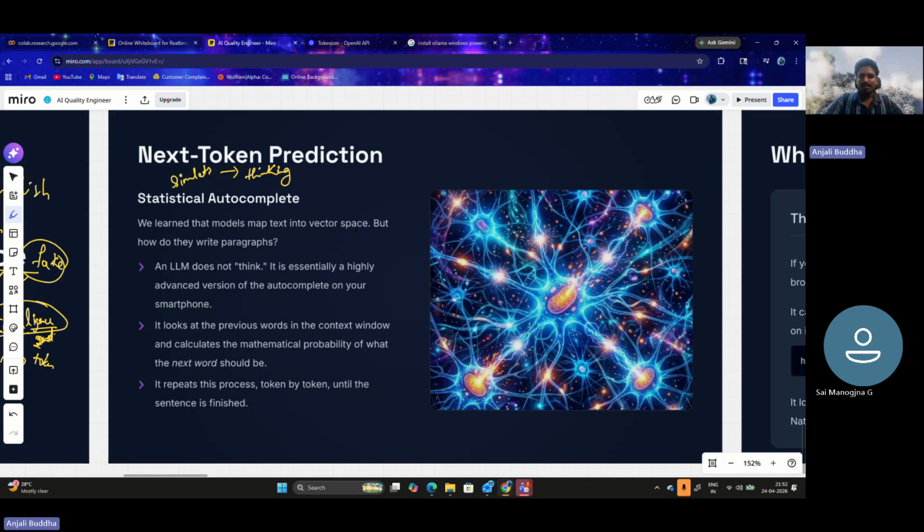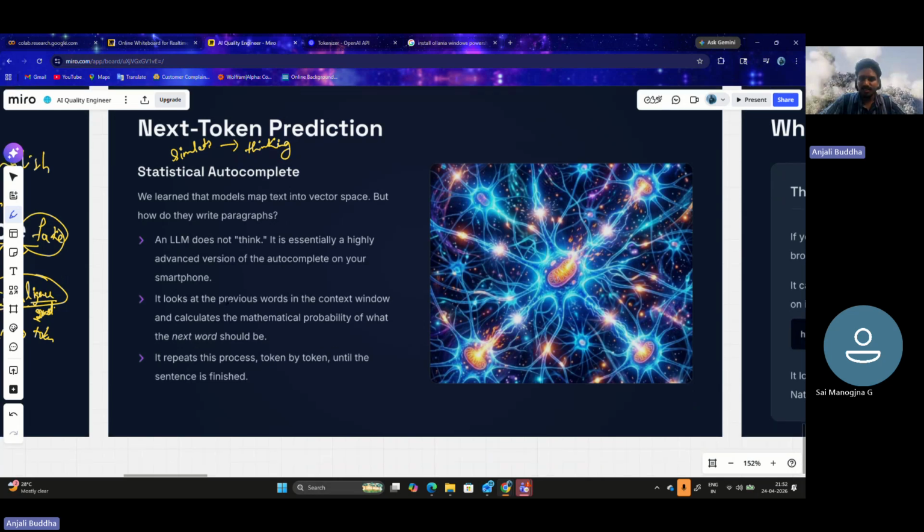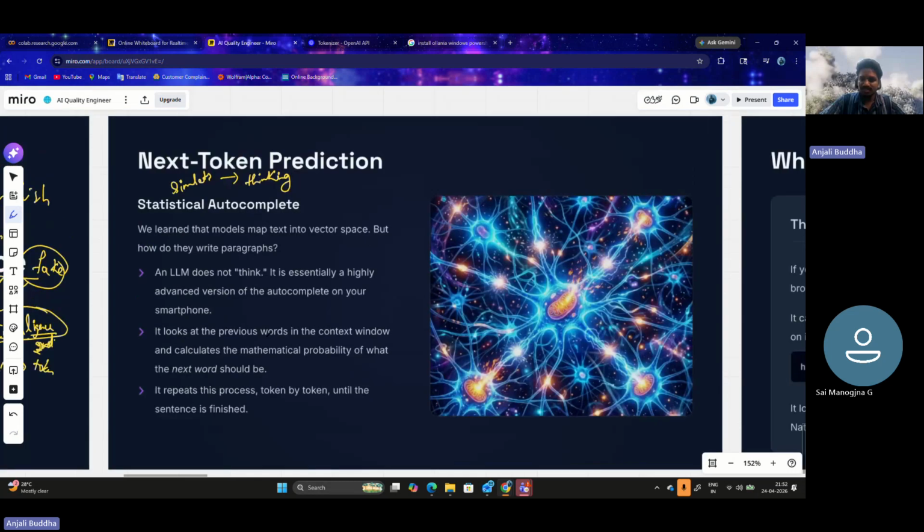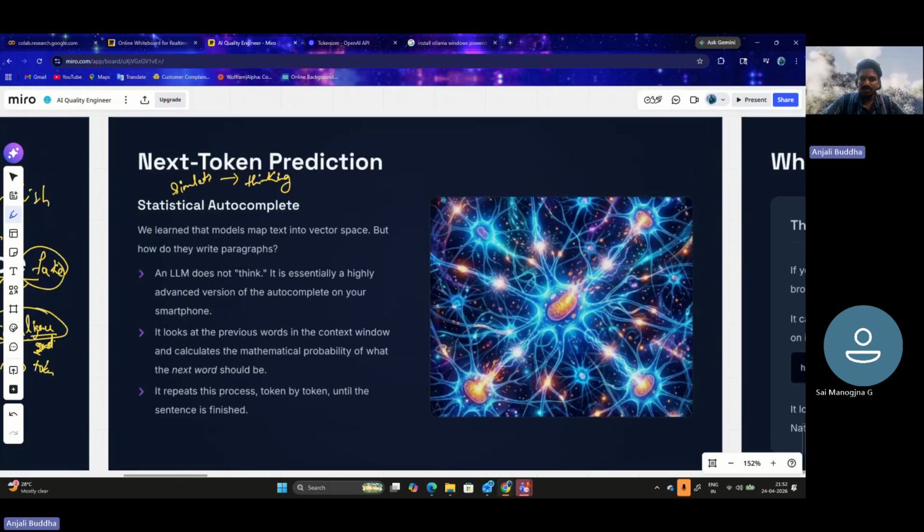We learned that the models map text to vector spaces, but how do they write paragraphs? An LLM does not think; it is essentially a highly advanced version of autocomplete on your smartphone. The Google keyboard example we took, right? They are saying it is a very efficient next word predictor. It looks at the previous words in the context window and calculates the mathematical probability of the next word, and repeats the process until the tokens are exhausted or the sentence is finished.